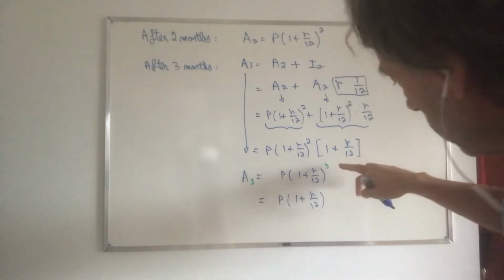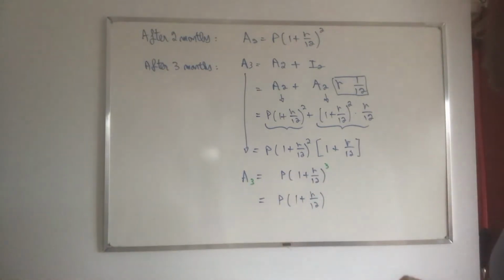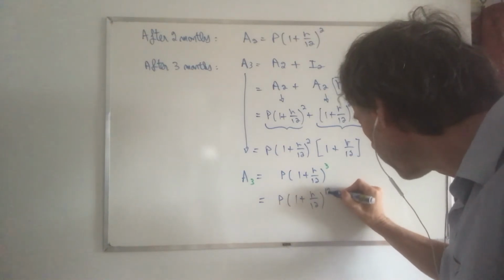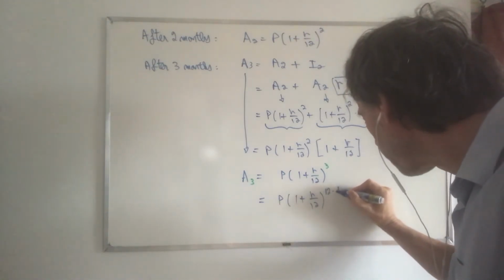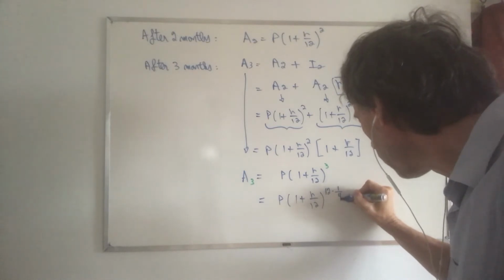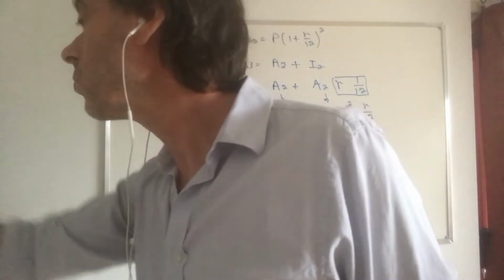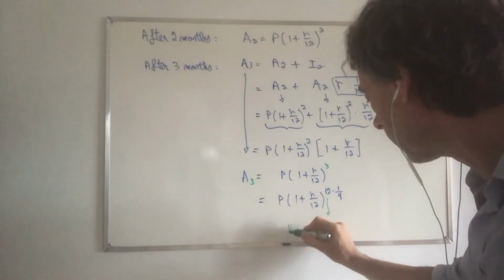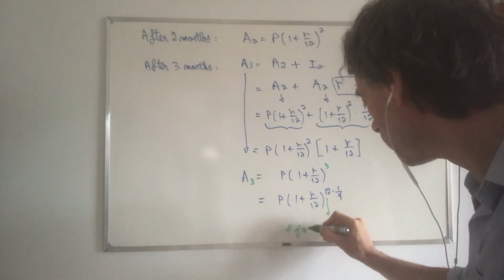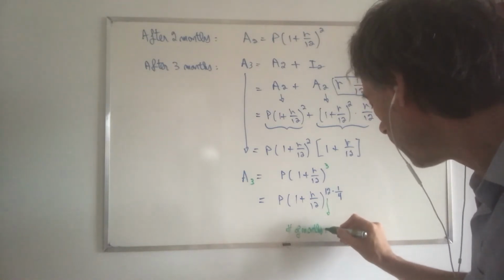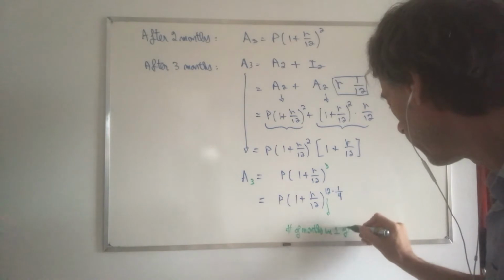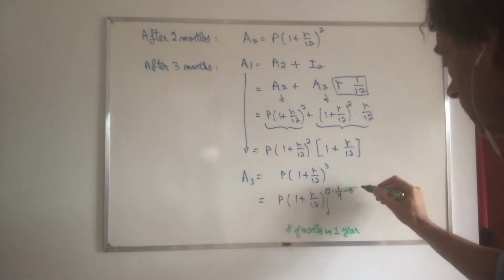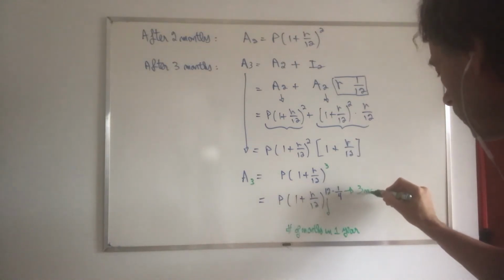I would like to write the 3 as follows: I would like to write the 3 as 12 times 1/4, where 12 is actually the number of months in 1 year, and 1/4 is basically 3 months, right?